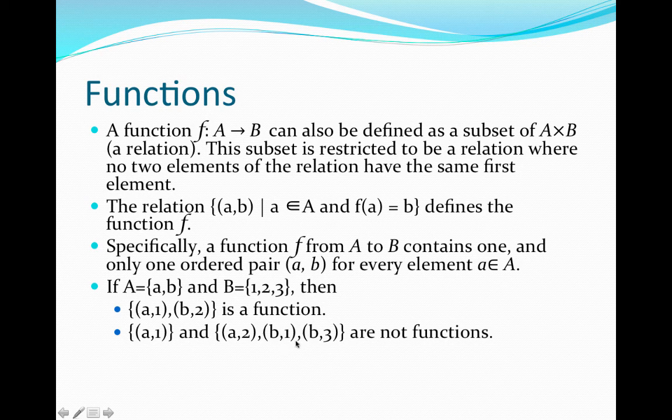So this means that this relation assigns b to 1 and b to 3, or relates b to 1 and b to 3, but that's not allowed in a function because the function can only assign exactly one element of B to each element in A. So because b appears twice in this subset of the Cartesian product of A and B, this does not define a function.